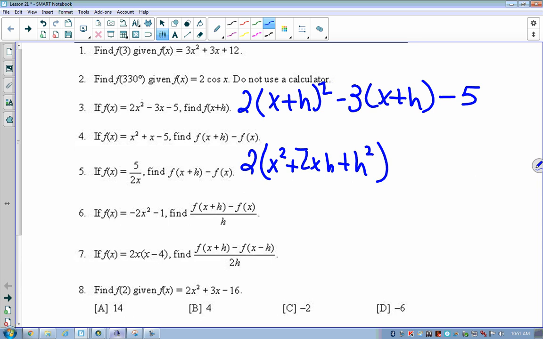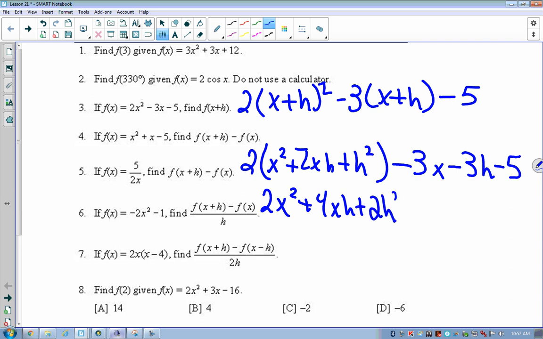Add up my xh's and I get 2xh. Then I distribute the minus: minus 3x minus 3h minus 5. Now I have to distribute this 2, so I have 2x squared plus 4xh plus 2h squared minus 3x minus 3h minus 5. I look through to see if I have any like terms to combine, and I'm not finding anything, so this is my final answer.